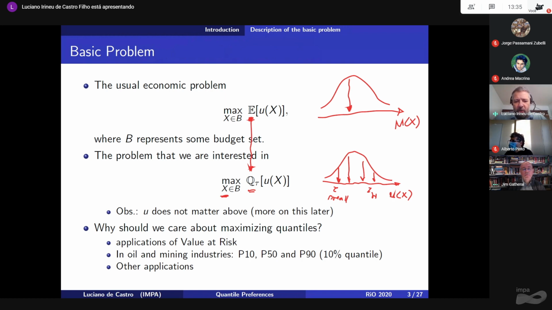And then you can ask, okay, so why should you care about it? Of course, we know that there are applications in finance already with value at risk. That's just a quantile. And in some sense, some of the things that I'm going to talk about may be useful for other risk measures, but I'm very focused on quantiles. Well, this is one application.